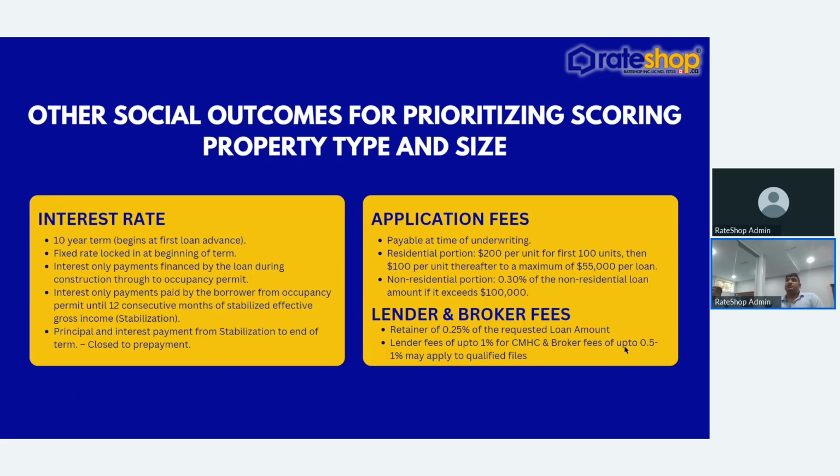It could be 60, 70, 80, 100 basis points. I've seen 25, I've seen 50 basis points. They're always there. Every single commercial transaction has a lending fee. And CMHC and broker fees vary depending on your negotiation, obviously, and the amount of effort that you've applied, anywhere between 50 basis points and 100 basis points.